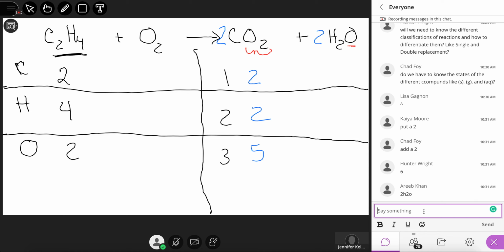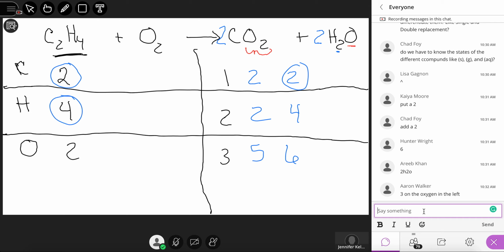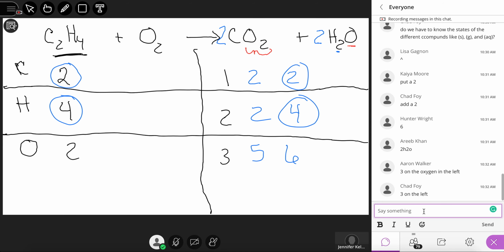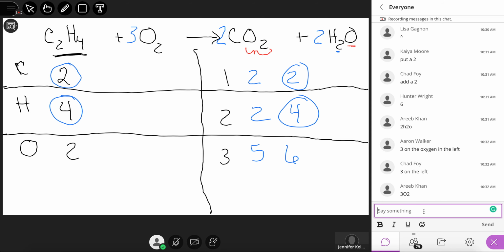And now we have 4, because it's 2 times this 2 makes 4. So we have 2 carbon, 4 hydrogen, and 6 oxygen. All right, we're getting close because this matches and this matches, only off on 1. 3 in front of the oxygen. Very good. All right, so then that's going to be 2, 4, and 6. And so now we're completely balanced, and that's all you had to do with that one.